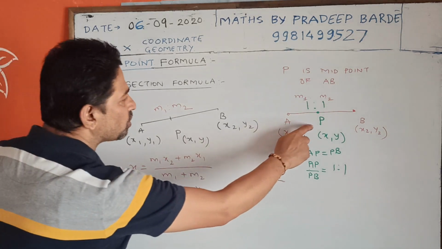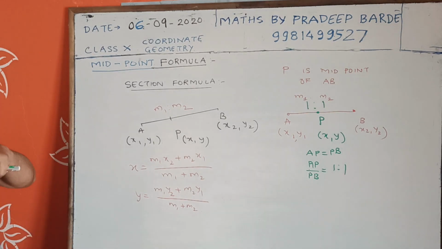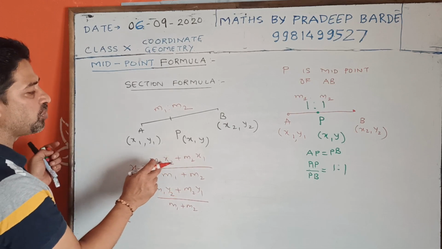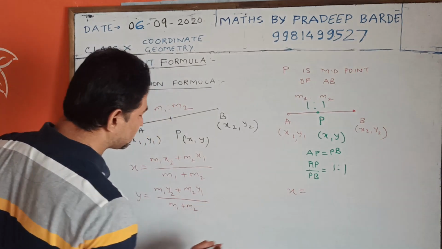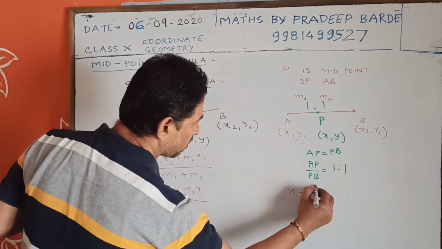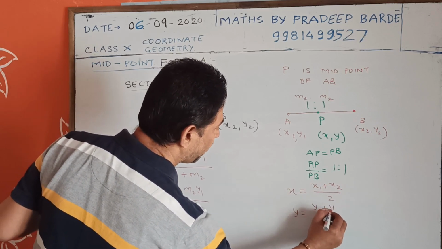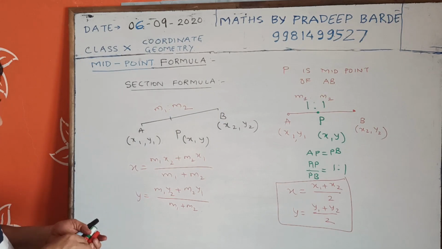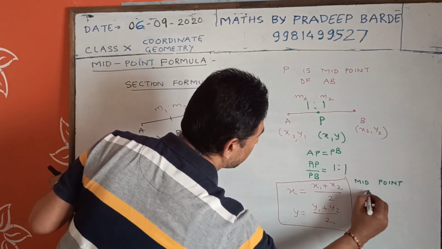So by taking the ratio as 1:1, when we apply the section formula, इस फॉर्मूले में m1 और m2 की वैल्यू जब हम 1 पुट करते हैं तो यहाँ पे आपको मिल जाएगा बच्चों x is equal to x1 plus x2 upon 1 plus 1, that is 2. x1 plus x2 upon 2, y is equal to y1 plus y2 upon 2, and this formula is known as midpoint formula.